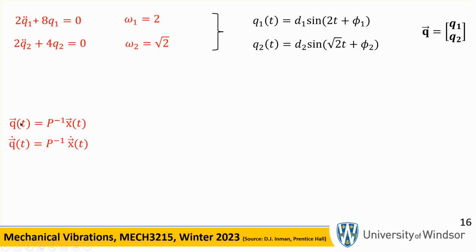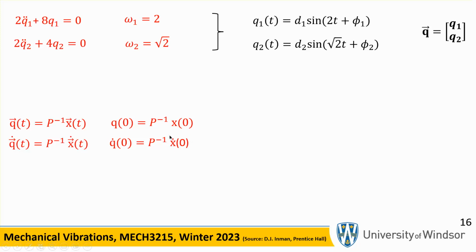Let's find the initial conditions for Q and Q dot. These were already given to us at t equal to 0. This was 1 millimeter and 0. This was 0 and 0. Okay? So if you plug in 0 here, you can see that Q of 0 is just P inverse X of 0. And Q dot of 0 is just P inverse X dot of 0.